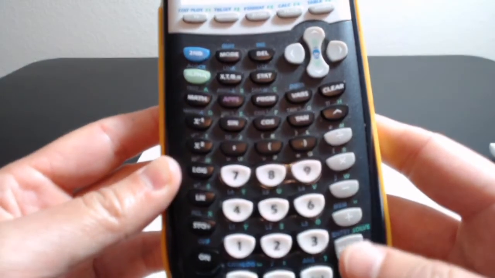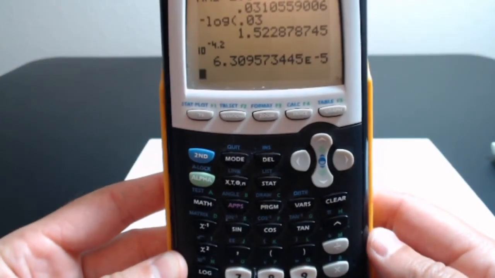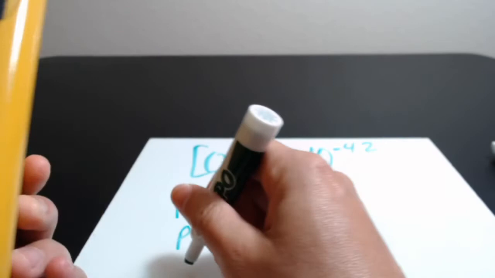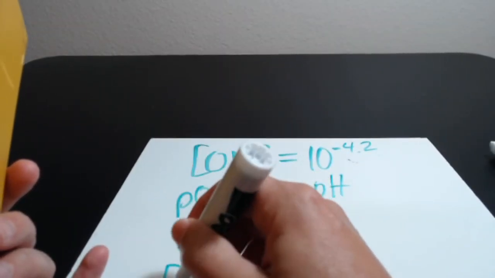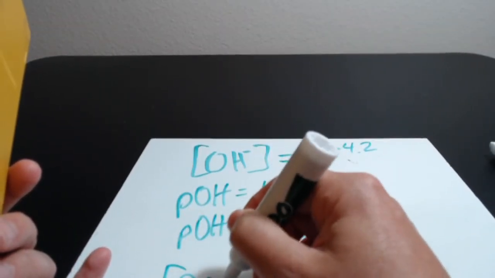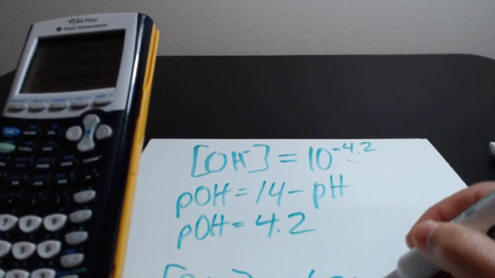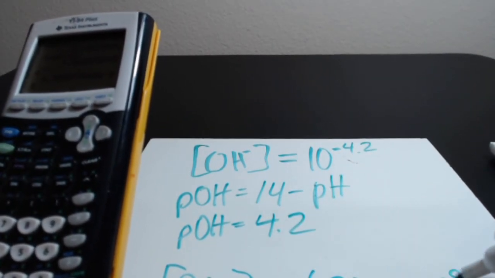And then just hit enter. 6.31 times 10 to the negative fifth. So our hydroxide concentration is 6.31 times 10 to the negative fifth.